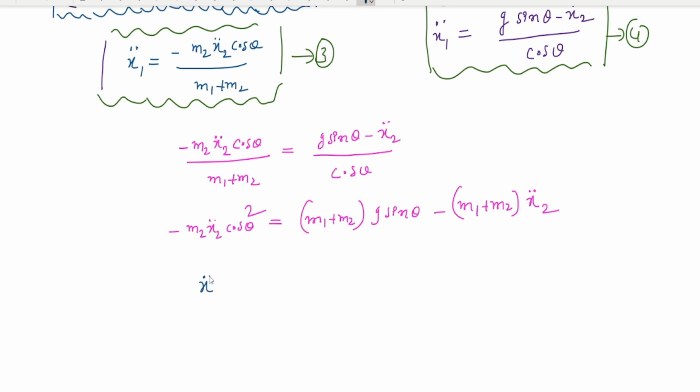x double dot 2 equal to m1 plus m2 into g sin theta divided by m1 plus m2 minus m2 cos square theta.